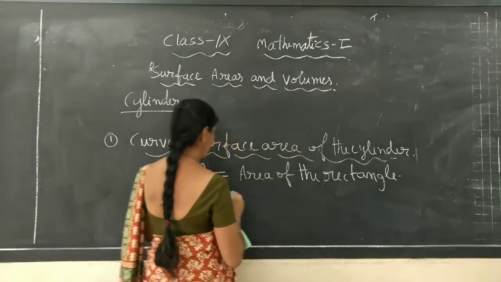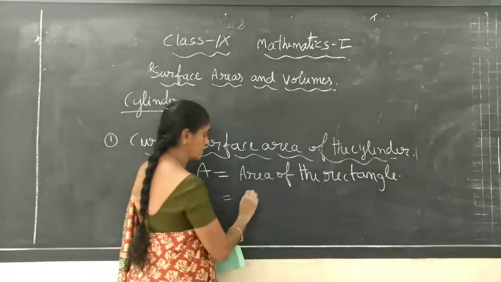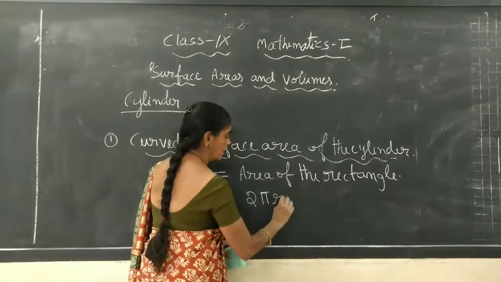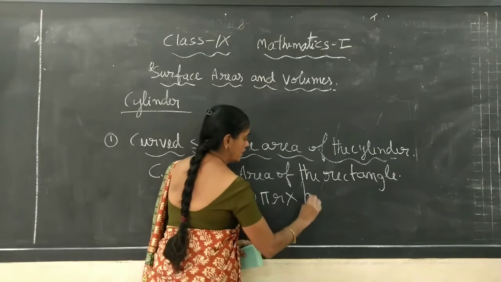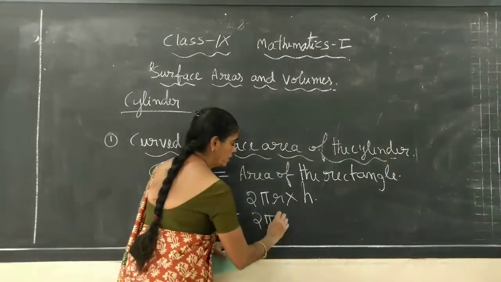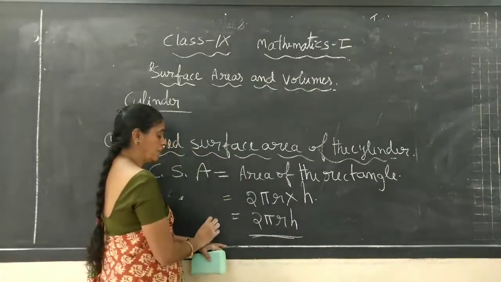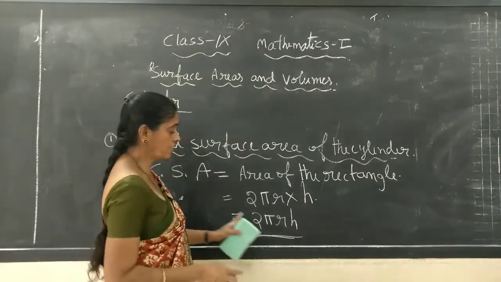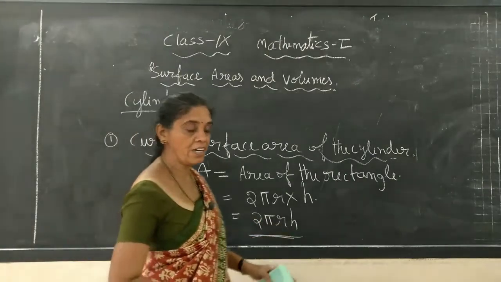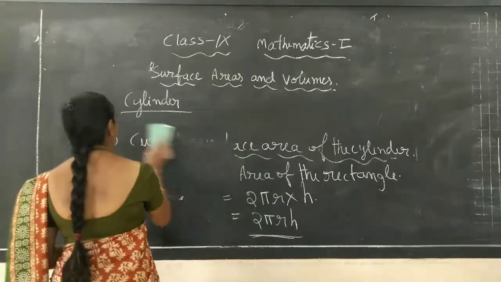Area is length into breadth, so the length is 2 pi r and the breadth is h here. So it is nothing but 2 pi r h. This is the formula: curved surface area of the cylinder is equal to 2 pi r h. This is one formula we have to remember.